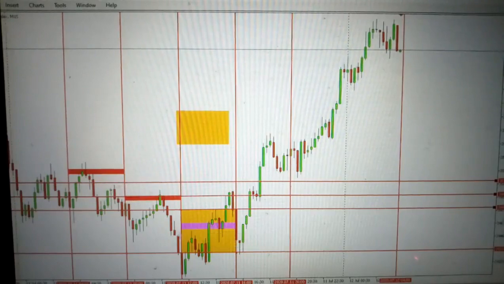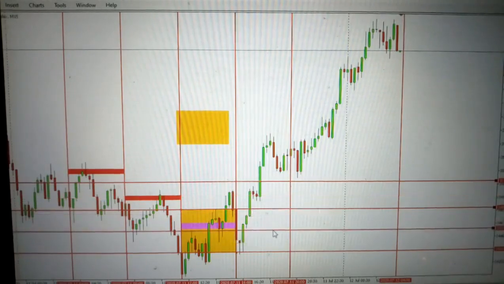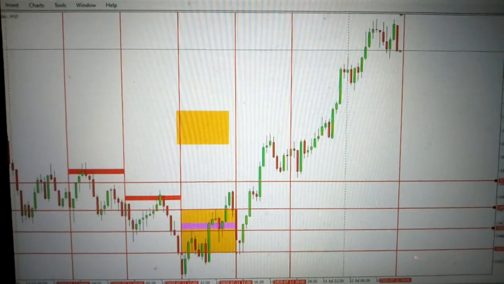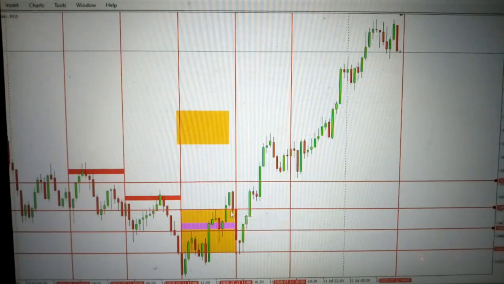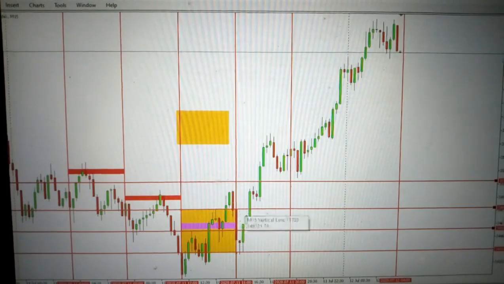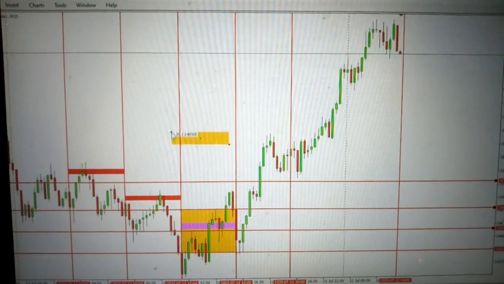Okay, so this is the rectangular box I'm working with right now. So I'm going to divide it into two. Now price rose from this point to this point, so I'll be having a support around here. Let me map out what I'm talking about.